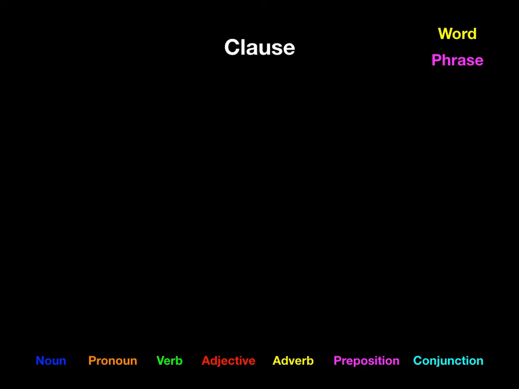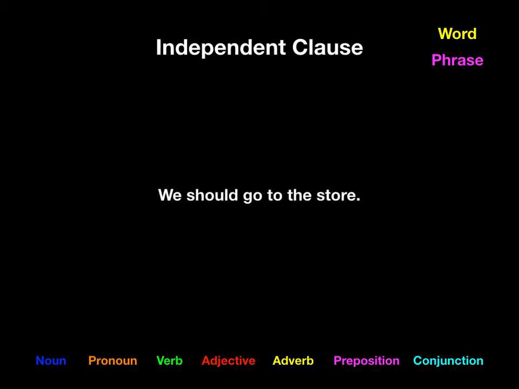Before we examine introductory clauses, we need to examine the two types of clauses that exist: independent clauses and dependent clauses. Let's begin by examining independent clauses. By looking at the sentence, "We should go to the store." Independent clauses require three elements.